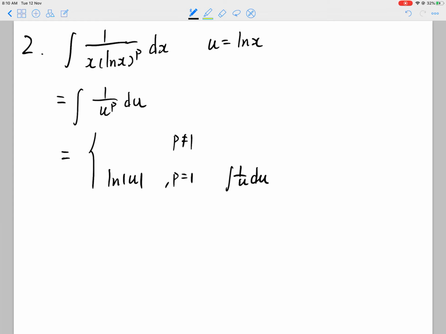If p is not 1, then the integration is the integration of u to the power of negative p. So it should be u to the power of negative p plus 1, so it's u to the power of 1 minus p over 1 minus p. Right? So when p isn't 1, it's this.